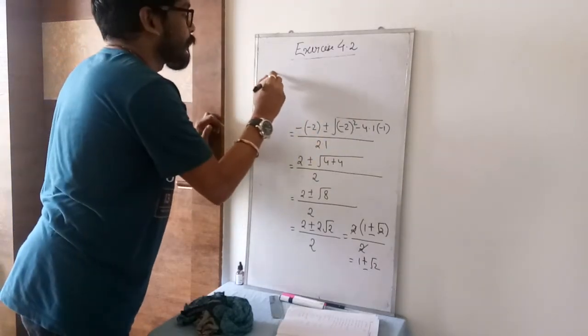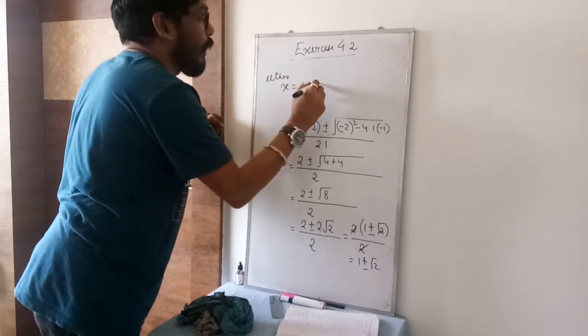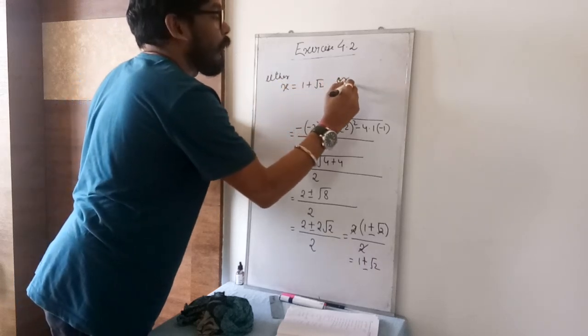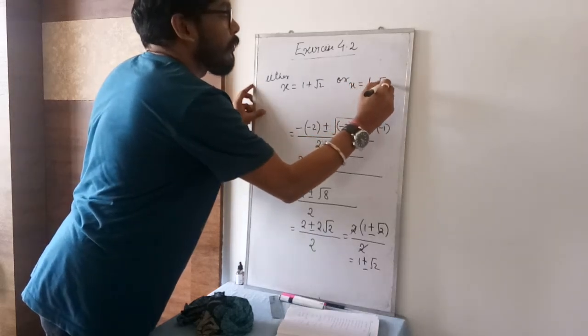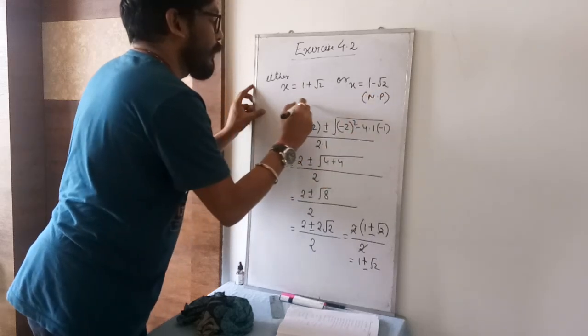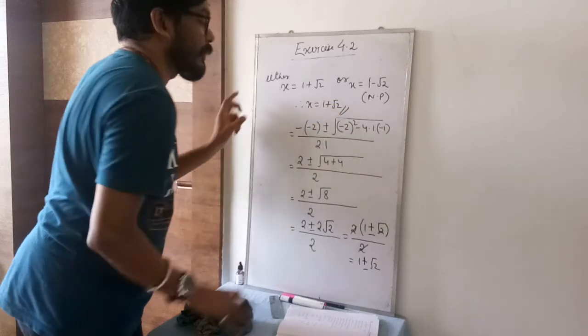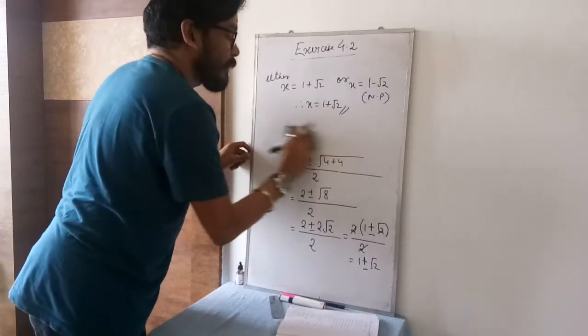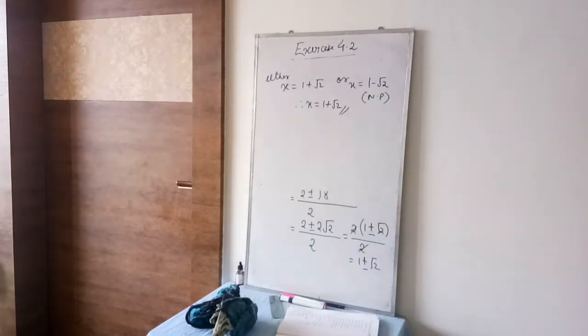Either x equal to 1 plus root 2 or x equal to 1 minus root 2. Here you will get a negative answer, so it is not possible. Therefore x equal to 1 plus root 2. So this is your final answer. Take the screenshot of the upper part. 1 plus root 2. Okay.